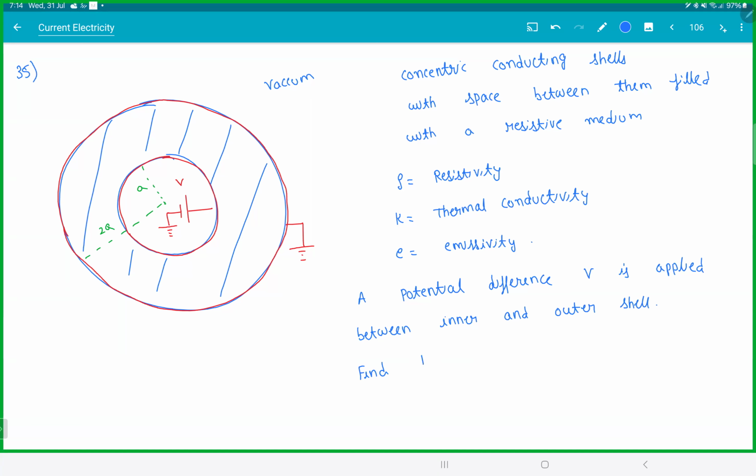Find R equivalent. Find current. Here it is fine. Find temperature of the outer and the inner shell. I can ask you find temperature as function of X, but okay, same thing. In steady state.